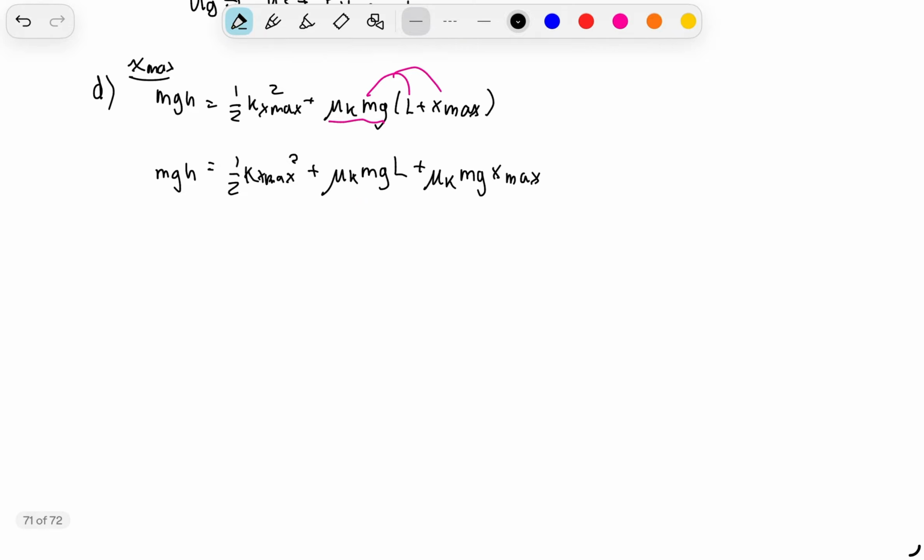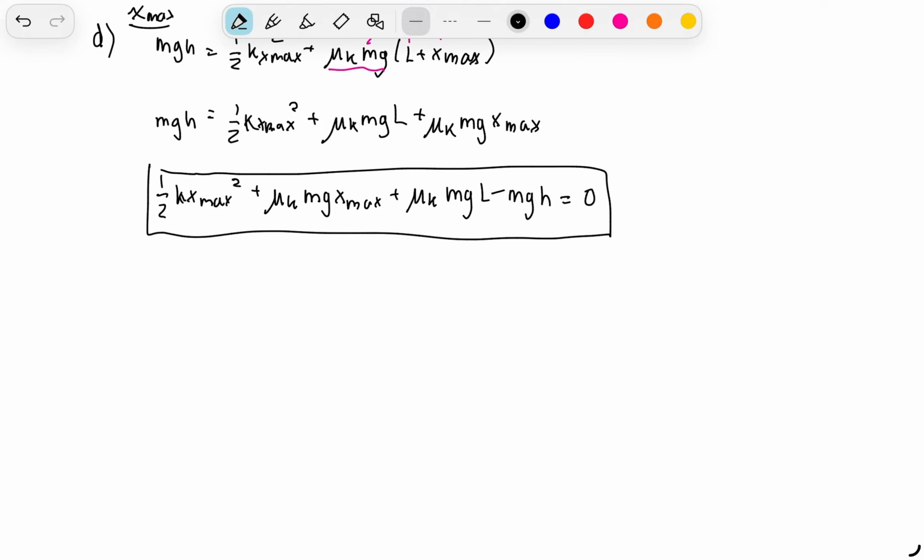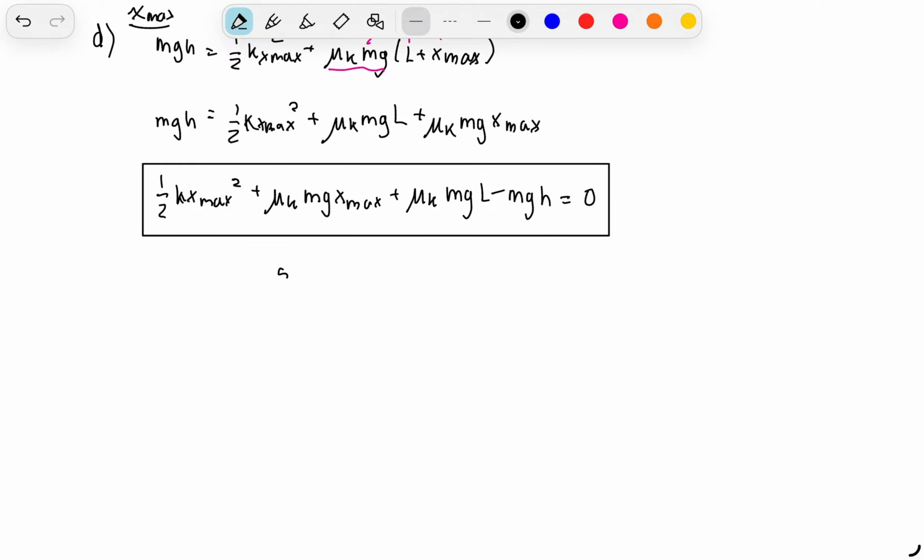So after this, we can move everything to one side. We're going to have 1/2 kx maximum squared plus mu K mg X maximum plus mu K mg times L minus mg times h is equal to 0. So then this is going to be your expression, and you can use this to solve for X maximum.